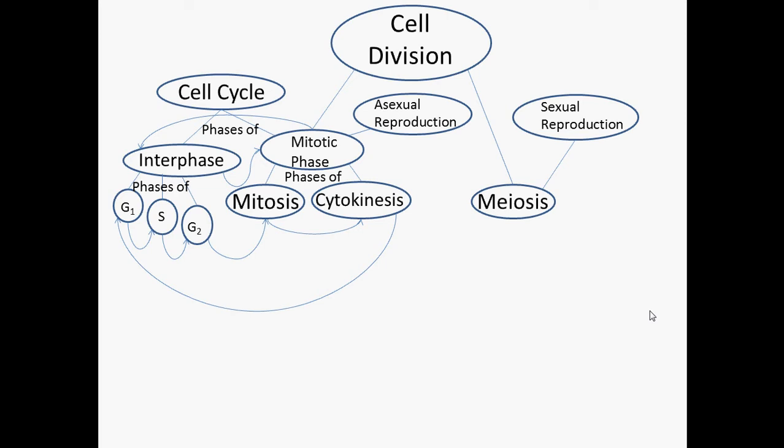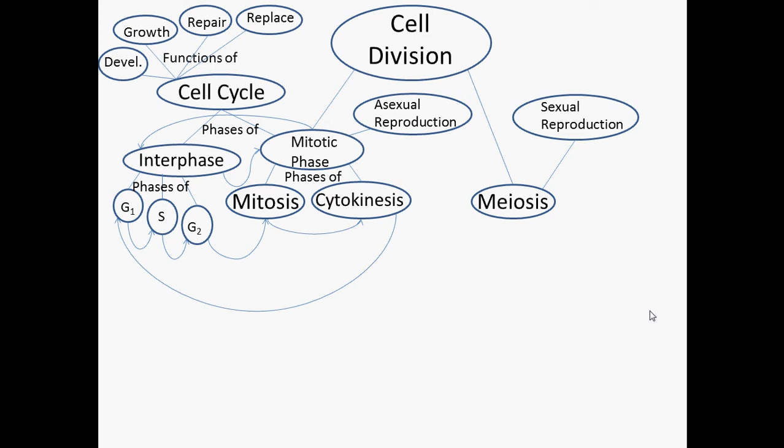This means that I better include the other functions as well. There's growth, development, repair, and replacement. I'll put a label here so we don't forget the relationship between these ideas. And let's put another line right here so that we remember that asexual reproduction is one of the functions of the cell cycle in mitosis.